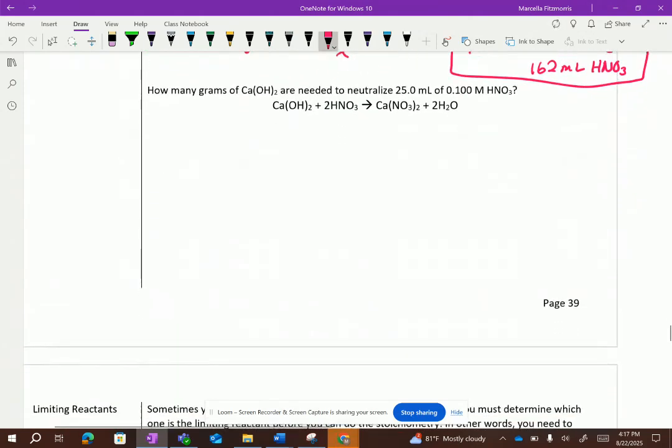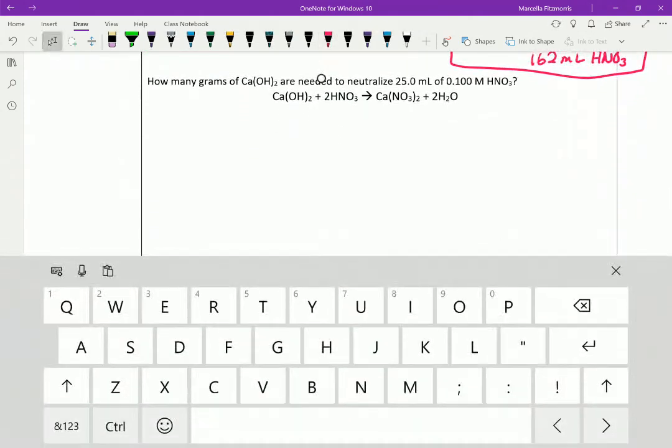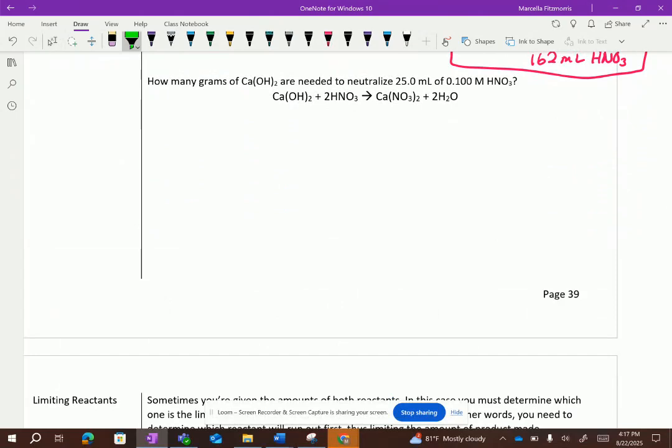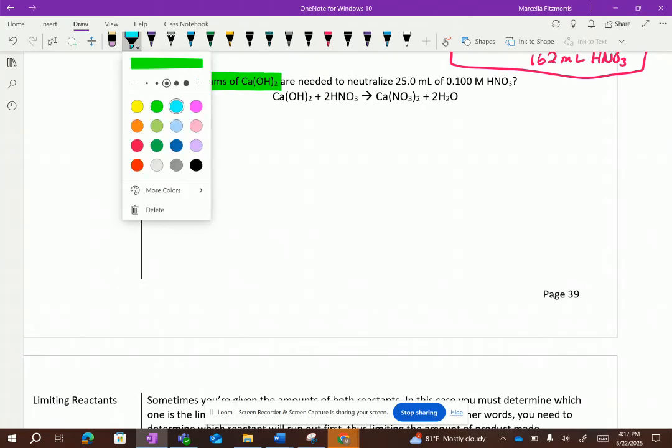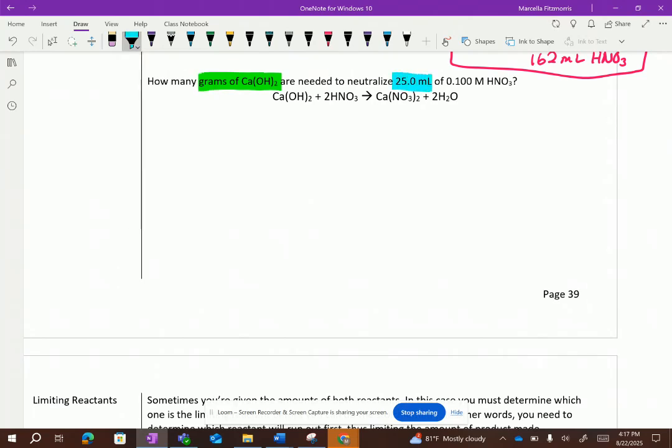Okay. Next, we have a situation where we want to know how many grams of CaOH2 are needed to neutralize 25 mL of 0.1 molar HNO3. So once again, we need to get moles from this information. So from this HNO3, we're going to say molarity equals moles over liters.